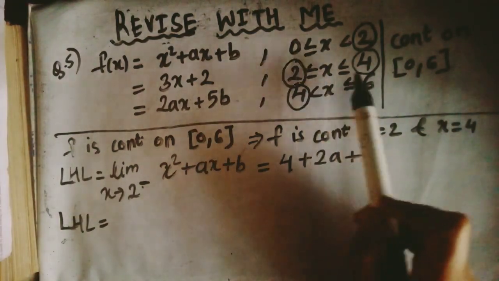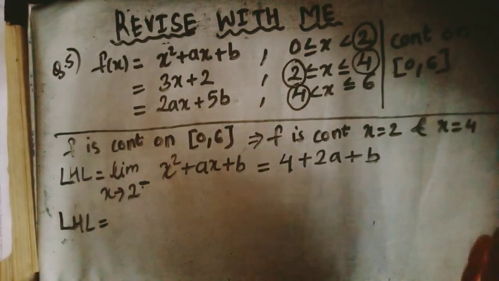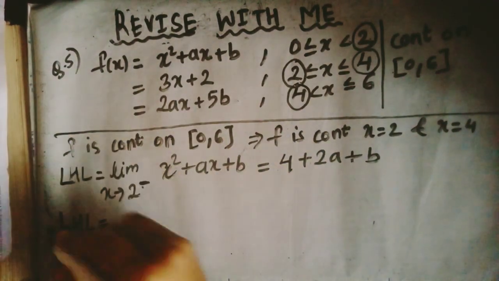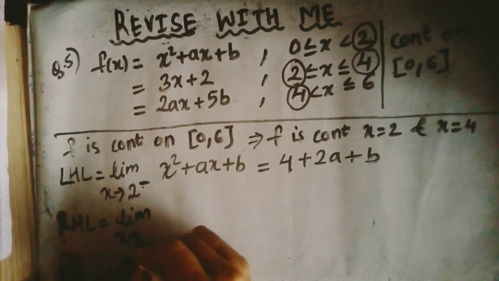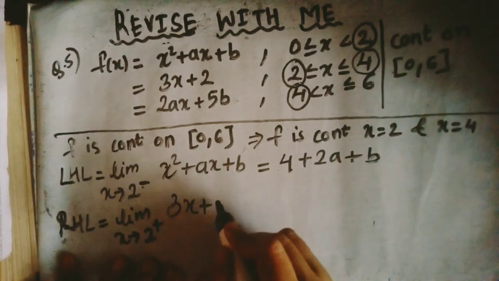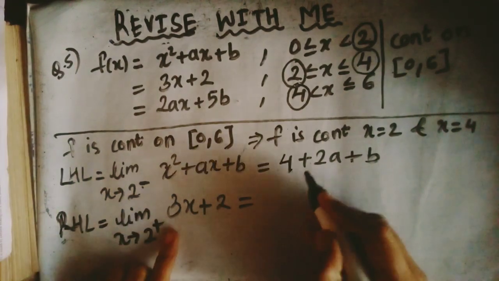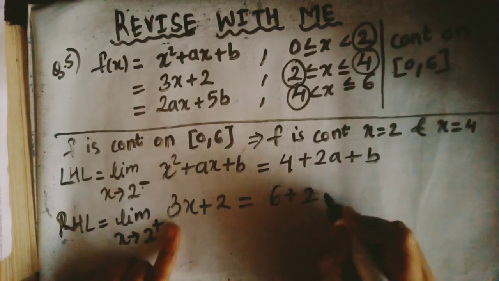X is between 2 to 4, so equal to 2 and greater than 2. So this is your RHL, limit as x tending to 2 plus. For that you have to consider 3x plus 2. So 3 times 2 plus 2, it is 8.